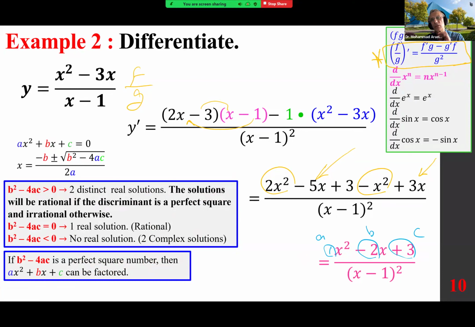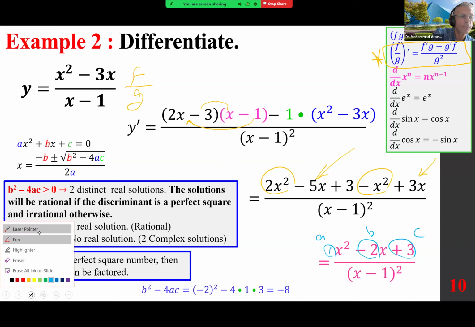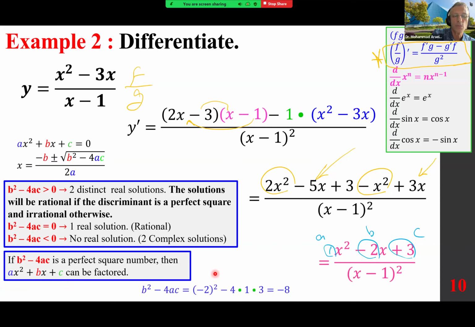I'm looking at the numerator only, and I want to evaluate b squared minus 4ac, which gives us negative 2 quantity squared, which is 4, minus 4 times 1 times 3, which is minus 12, giving us negative 8. Not only can it not be factored, even if you look at the solution, there are two imaginary solutions, and that's the key, everybody.